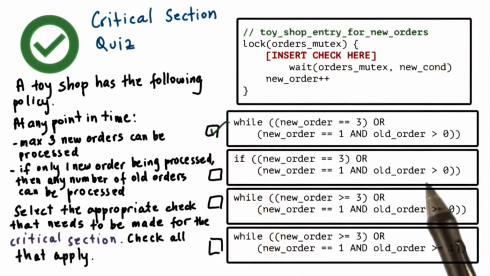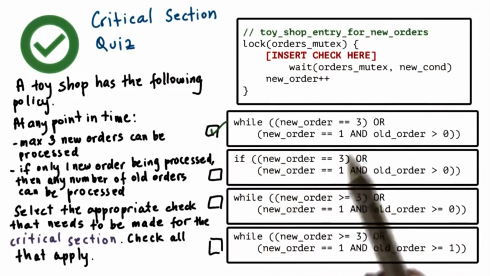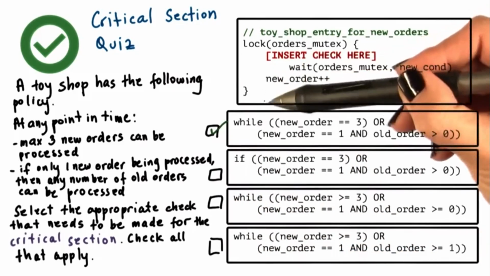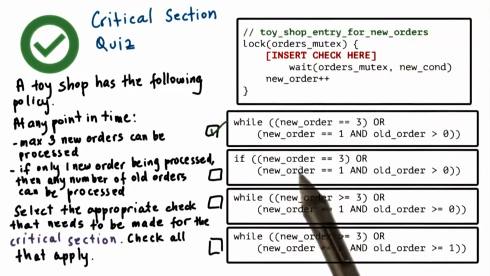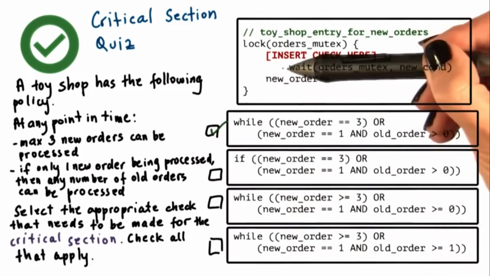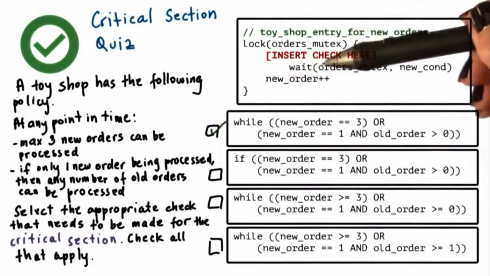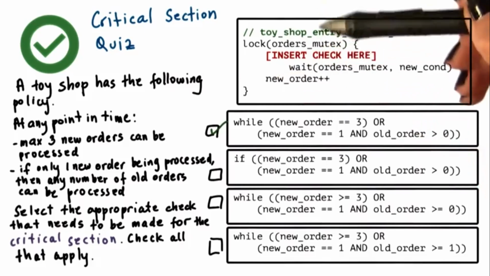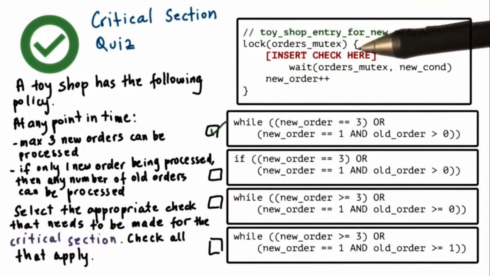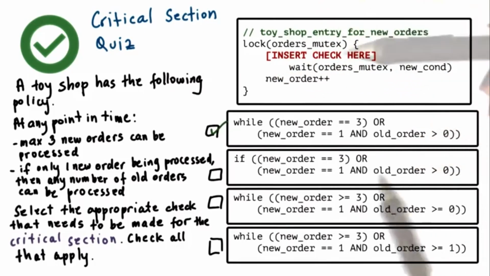The second code snippet is almost identical to the first one. However, it uses if as opposed to while. We explained that if creates a problem in that when we come out of the wait statement, when we thought that this condition was satisfied, it is possible that in the meantime, another thread has come in and executed this particular lock operation, or even the critical section entry for the old orders, and has therefore changed the value of this predicate.